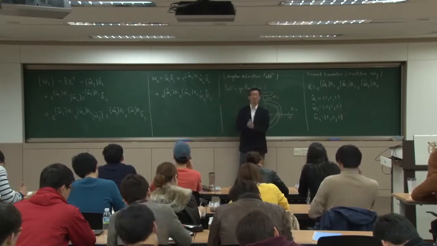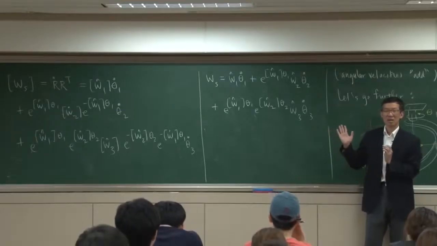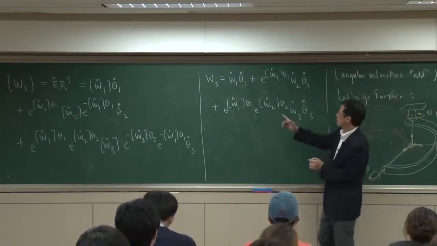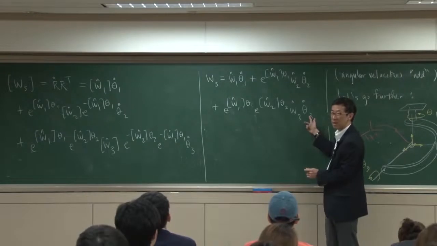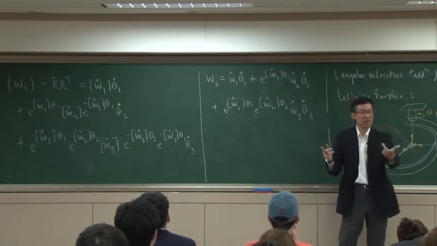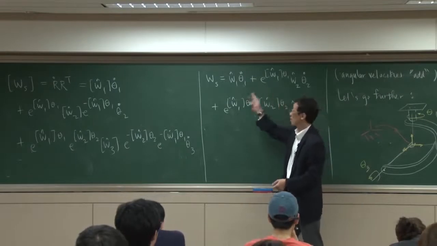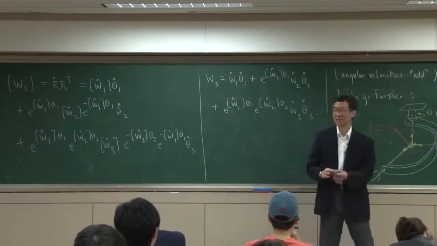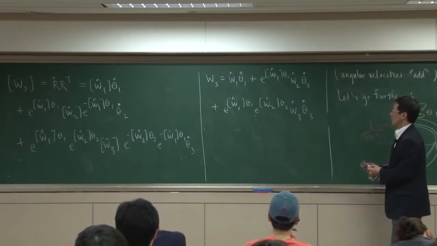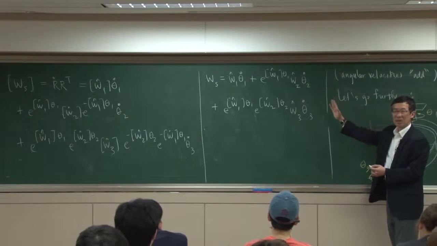All right, so we can answer the question now. Given joint rates theta 1 dot, theta 2 dot, theta 3 dot, what is the angular velocity? Well, put it in this formula, and you get omega s. Let's work out the details.